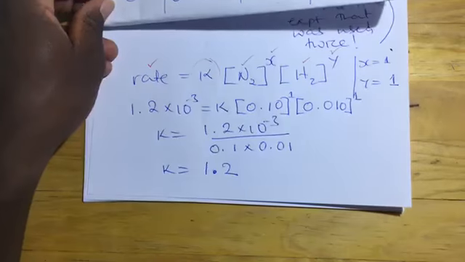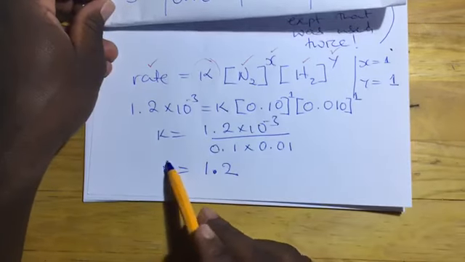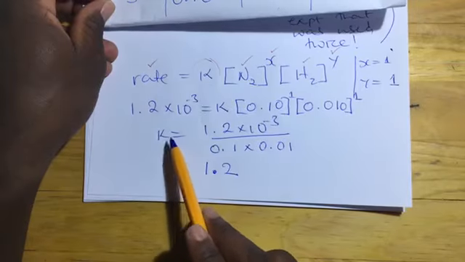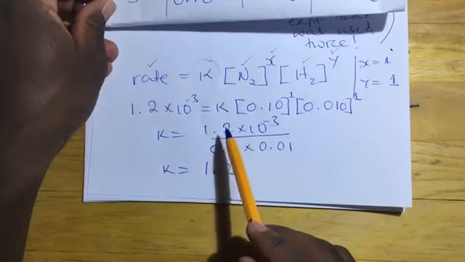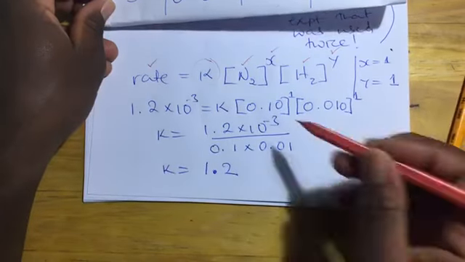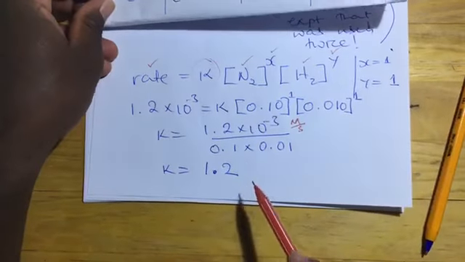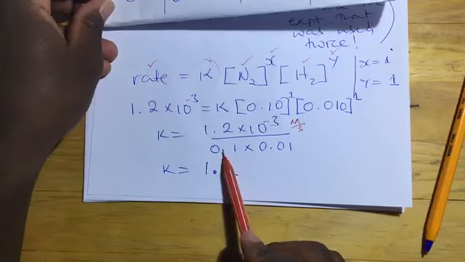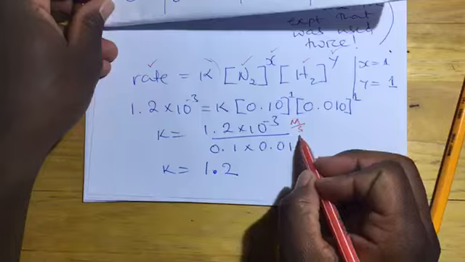Now, what units are we going to have? When making K the subject of the formula, recall that what we have on top is rate. So rate is going to have units of molar per second.